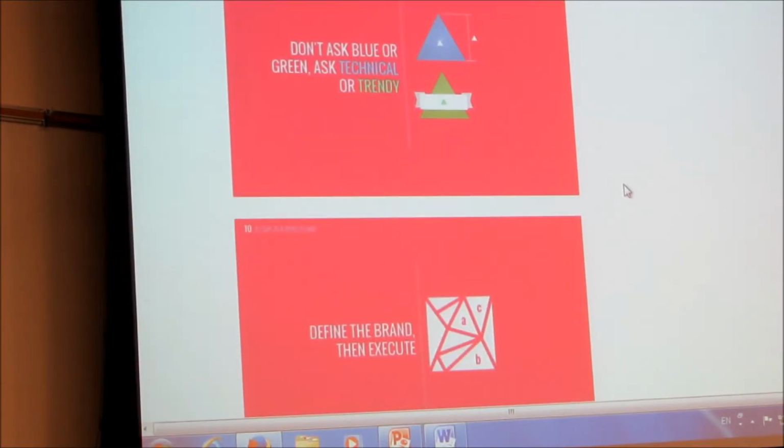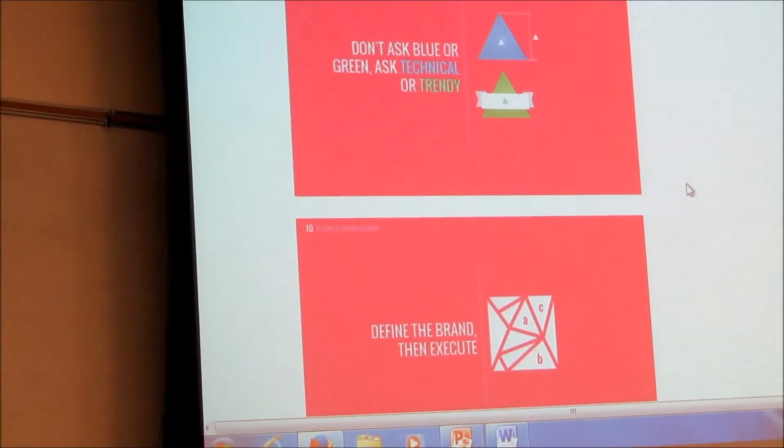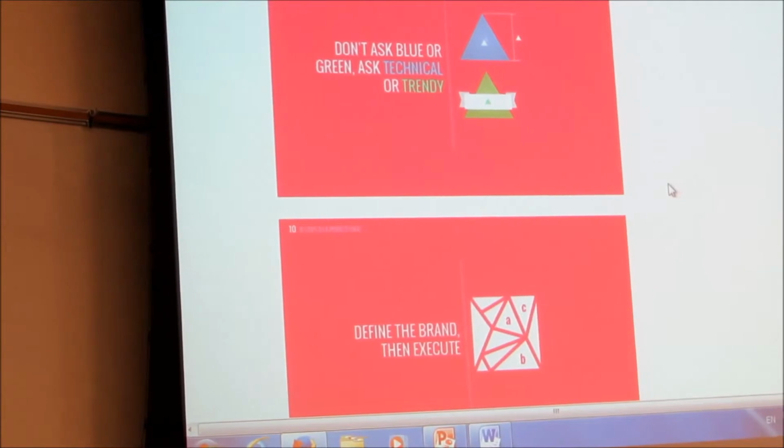Whether you're a designer or not, you have to think about what will make your logo successful, besides being creative as well. It has to work very well, and it has to read very well, and it also has to be successful.